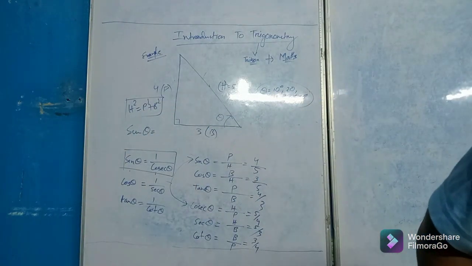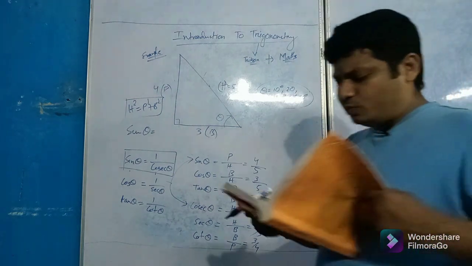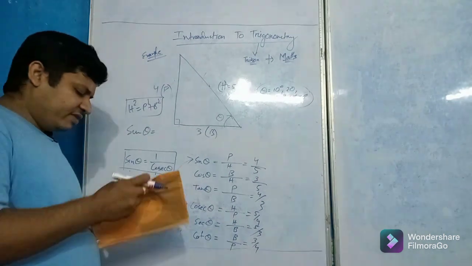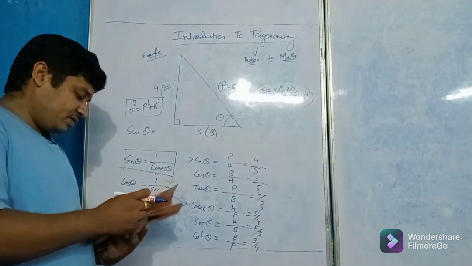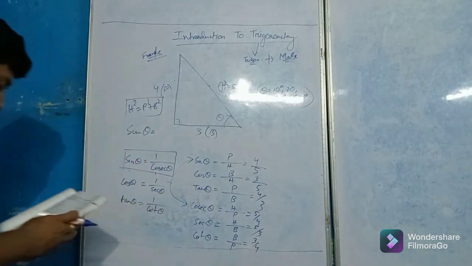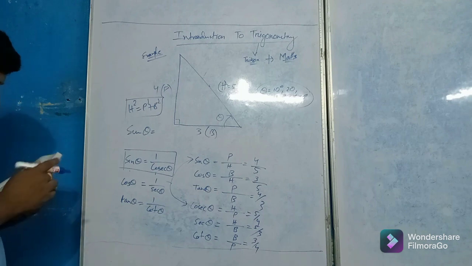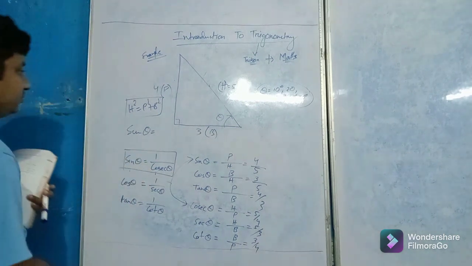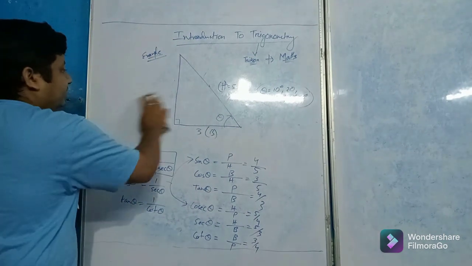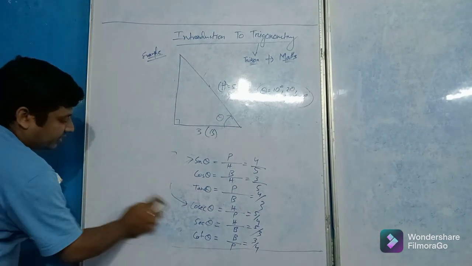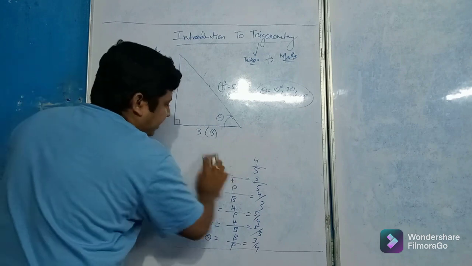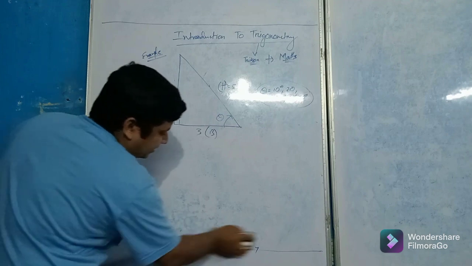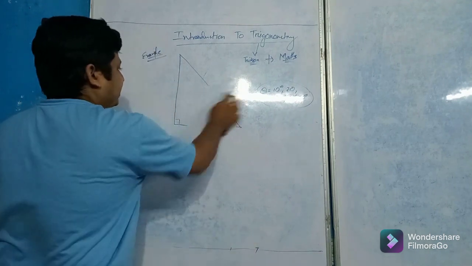So I have got the NCERT class 10th book, so we can solve some problems from here. We can evaluate even. You can pause the video and you can write the things from here. But let us complete some part at least.